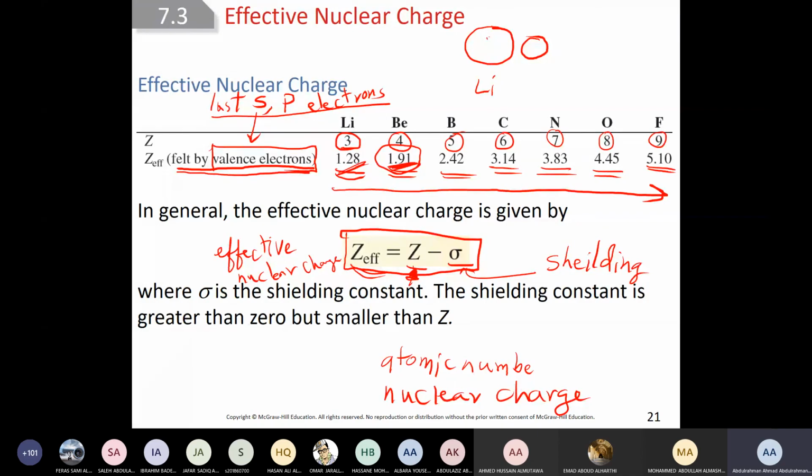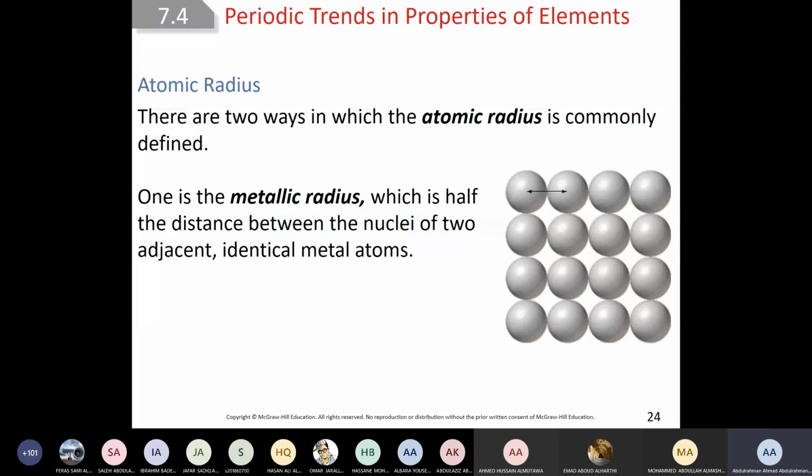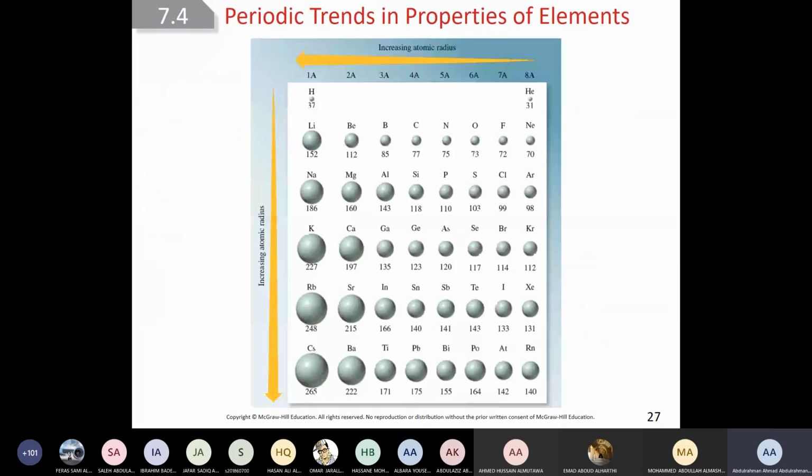Is this clear? How about if you go to B? It will be even less. How about if we go to carbon? It will be even less. And that's why you will find the size is decreasing and decreasing. And that's exactly what happened to the size.